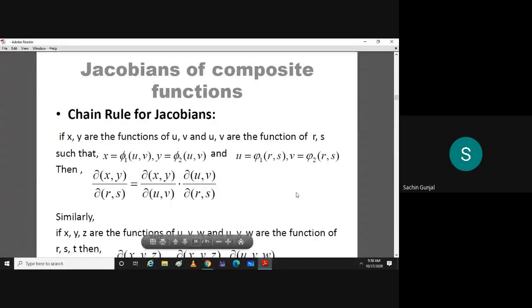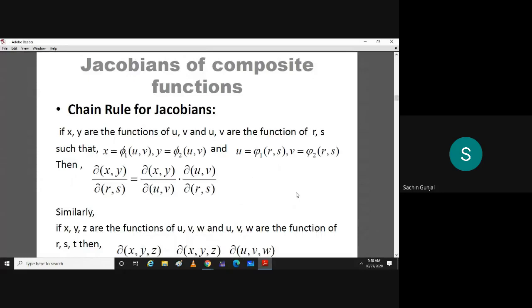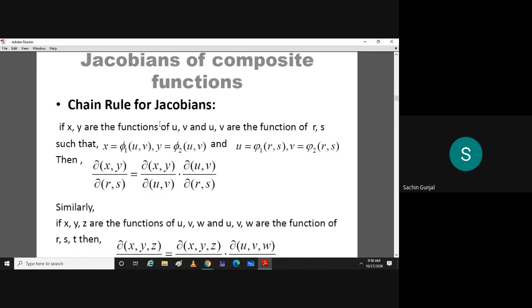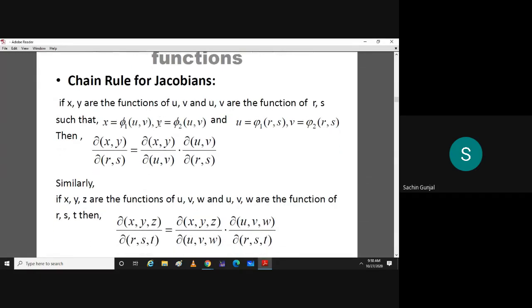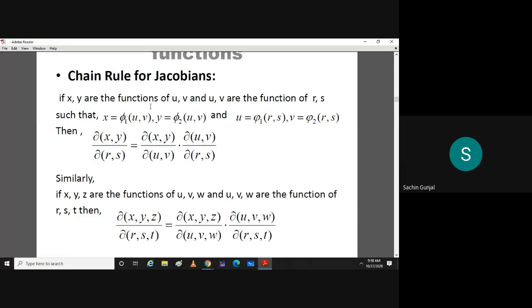So moving ahead is the chain rule for the Jacobian function. If x and y are functions of u and v, and u and v are functions of r and s, then you can calculate the Jacobian of xy with respect to rs, because x and y are indirectly functions of r and s.